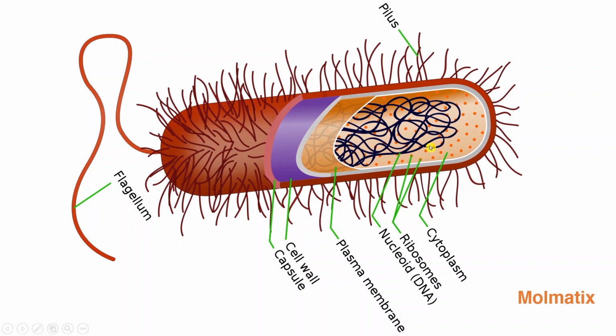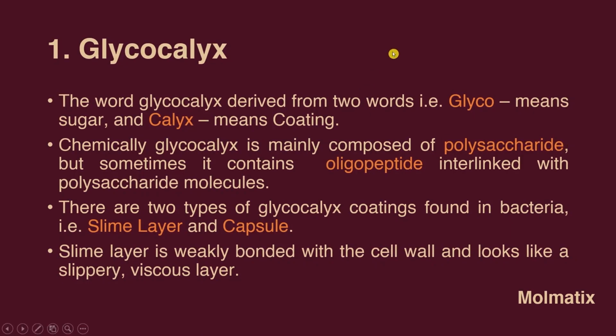Then this middle one, the purple colored layer, is the cell wall, and the innermost layer, this pale orange colored layer, is the plasma membrane. These three structures unite to form a cell envelope. First of all, we will see the glycocalyx.